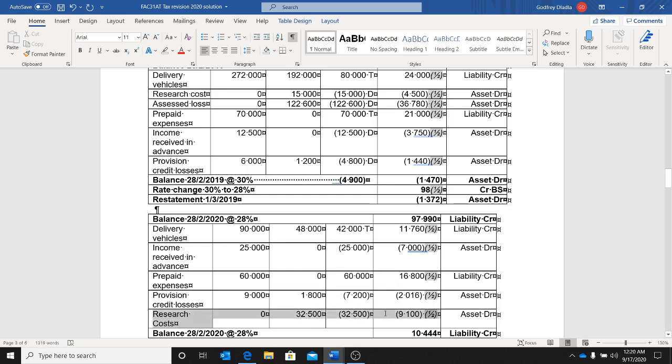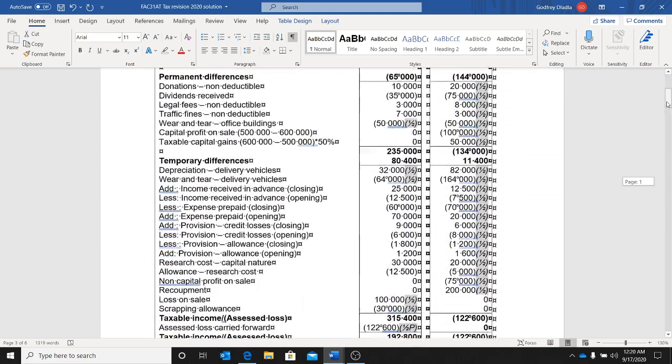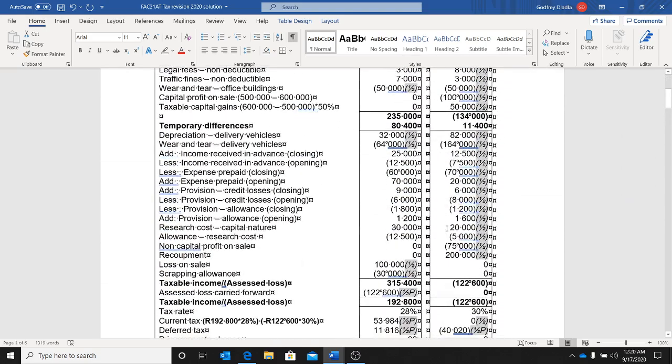Now, when you look at it, you will realize that it is putting 32 here. Let's find out, why is it 32? Let's start with this 20. There's a 5 that is allowed here. Then there's a 5 that will be allowed next year. So it gives us a balance of 10,000. From this 20, it's 5, 5, then the balance is 10, right?